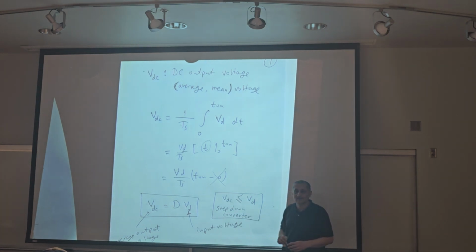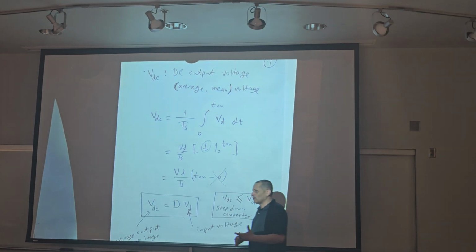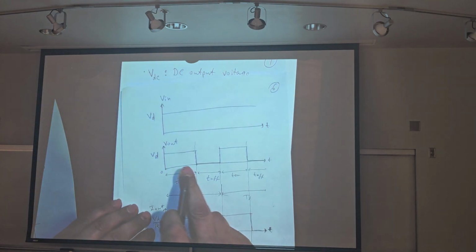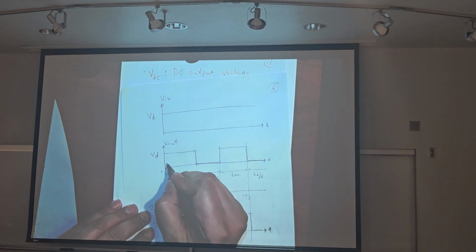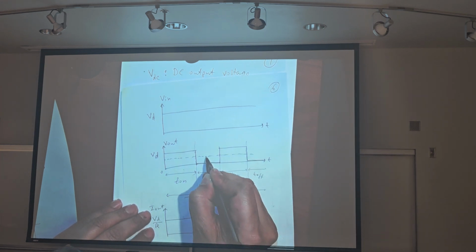The shape is always square, constant. But what does VDC mean? VDC, or V average, or V out, is the distribution of this square over one period. So the DC will be here.